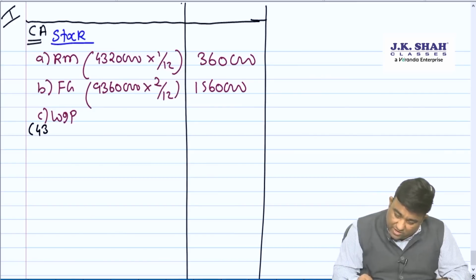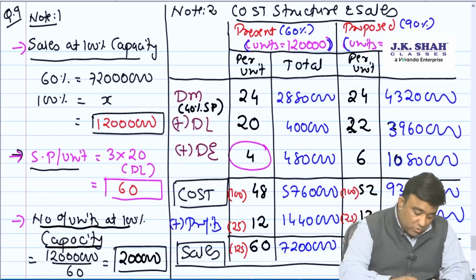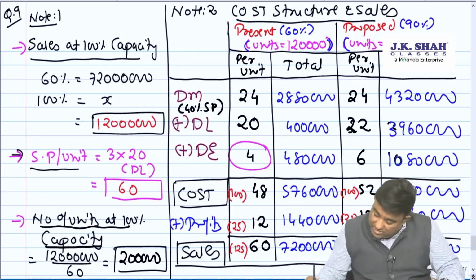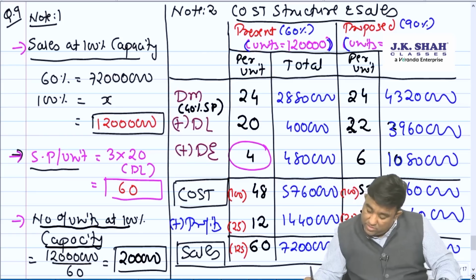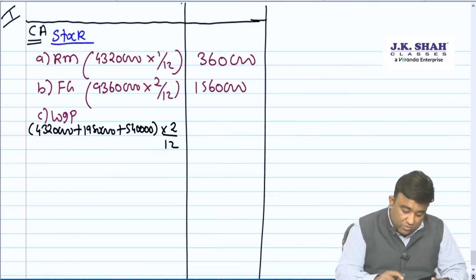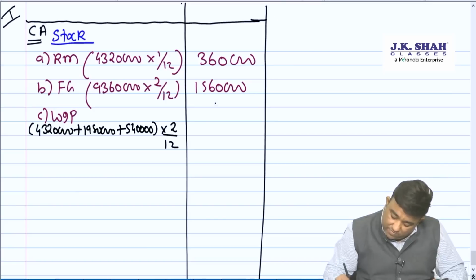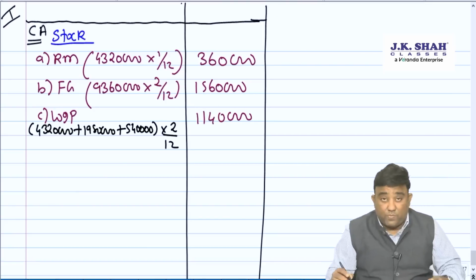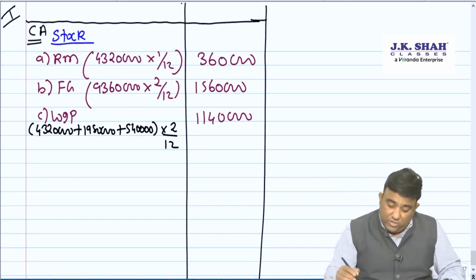That is 43 lakh 20,000 plus 3960 divided by 2 is 19 lakh 80,000 plus 1080 divided by 2 is 5 lakh 40,000 into 2 by 12. So this is plus 540 plus 4320 divided by 6 is 11 lakh 40,000. If you want to prepare a separate note, it does not make any difference to the example. So the stock is ready.